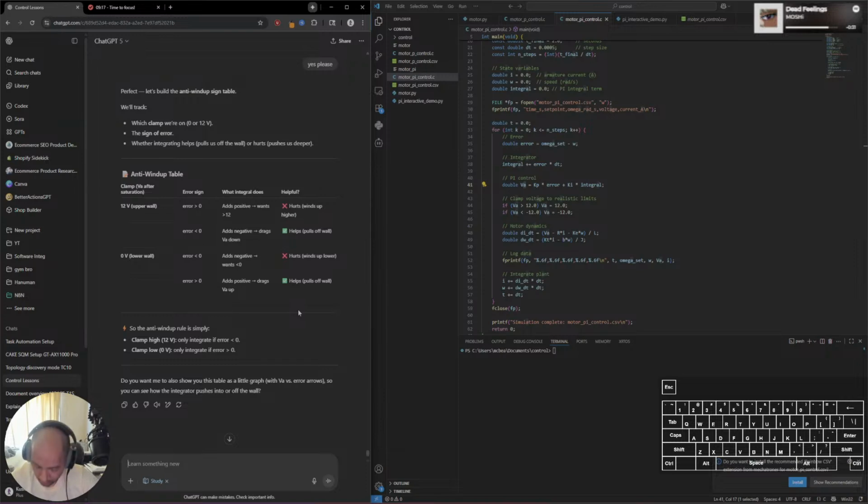And if we're at 0 volts, the lower wall, error is less than 0, adds negative.